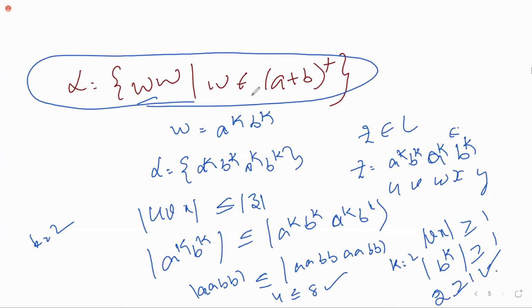Ma'am, can't we consider Y to be epsilon instead of X? Yes, you can consider it, but it will be easy if we consider epsilon in between. Don't consider the first and last one; in between, you can consider. Anyway, you can consider anywhere. Okay, ma'am.